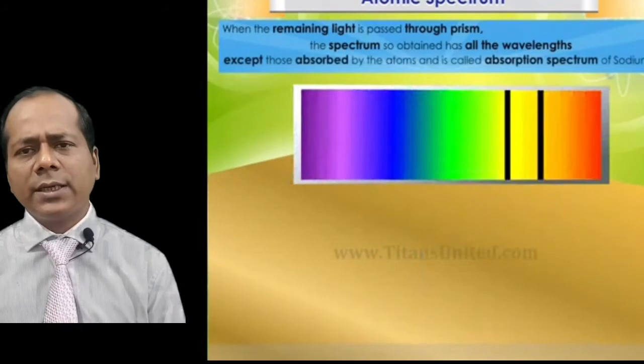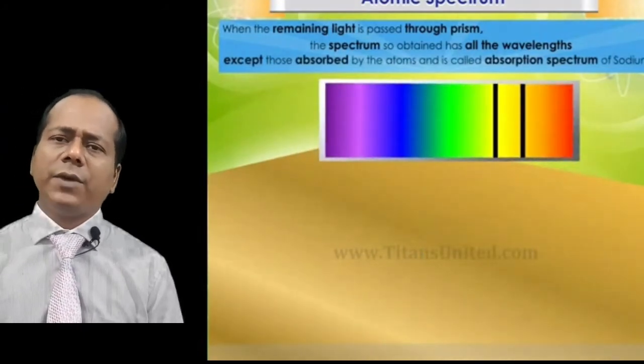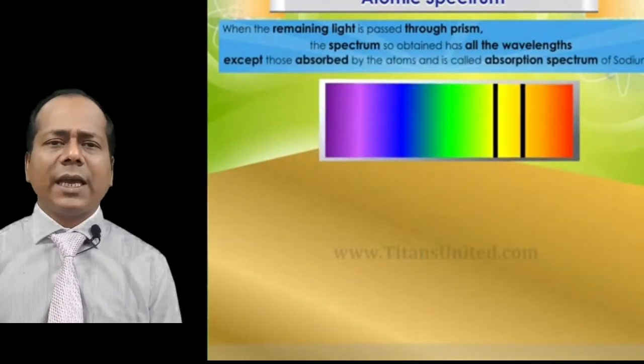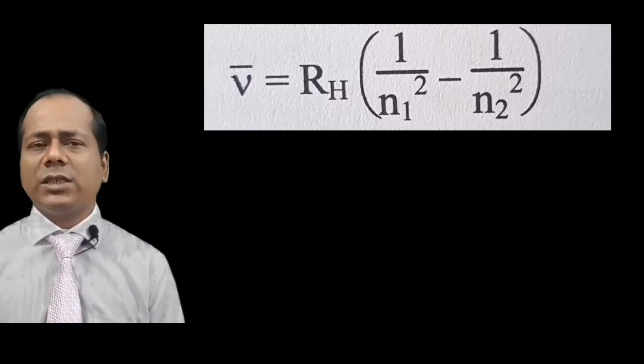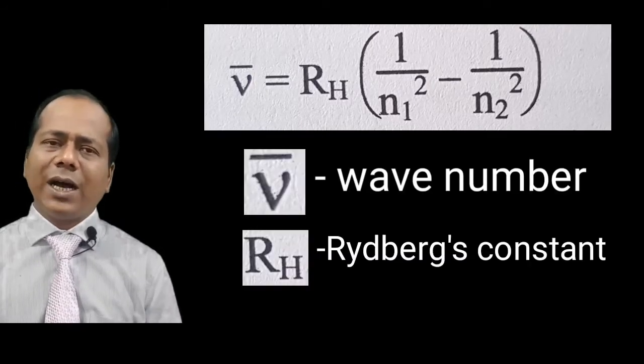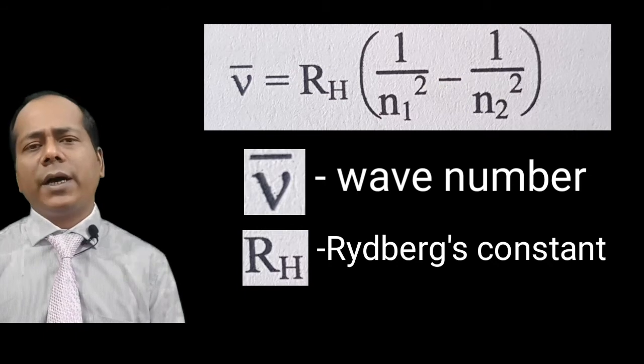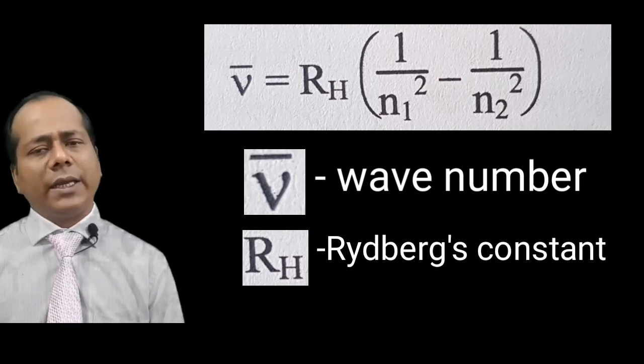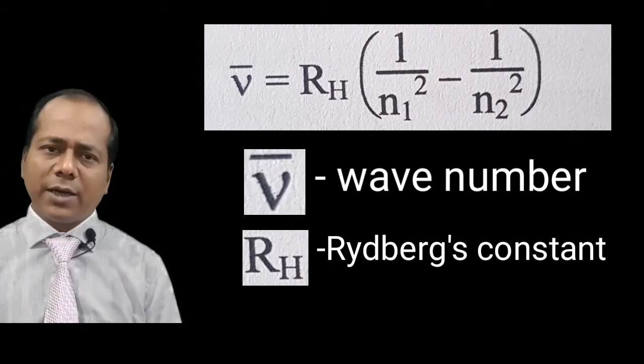Balmer showed that the wave number of each spectral line can be expressed as nu bar equal to RH (1 by n1 square minus 1 by n2 square).